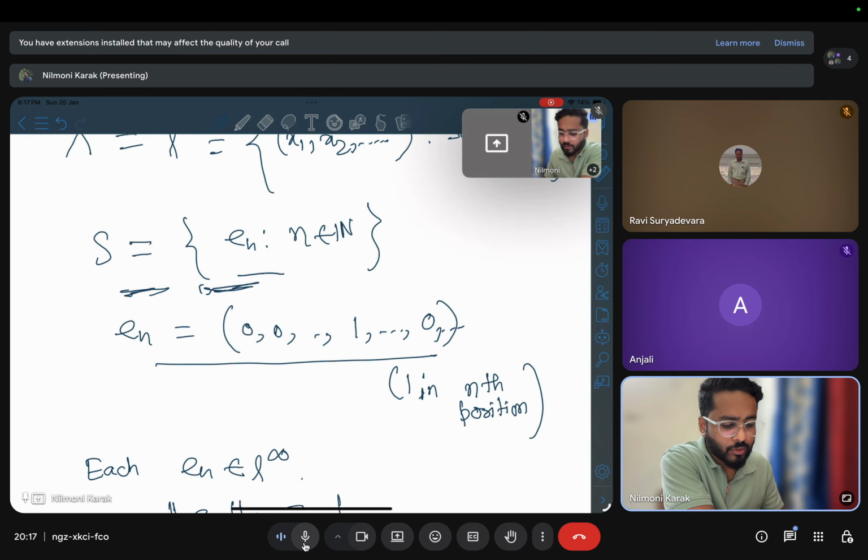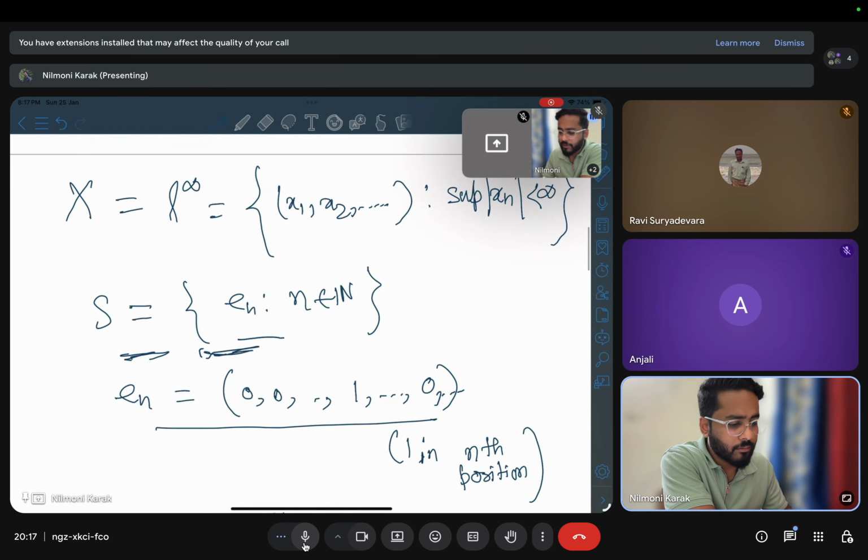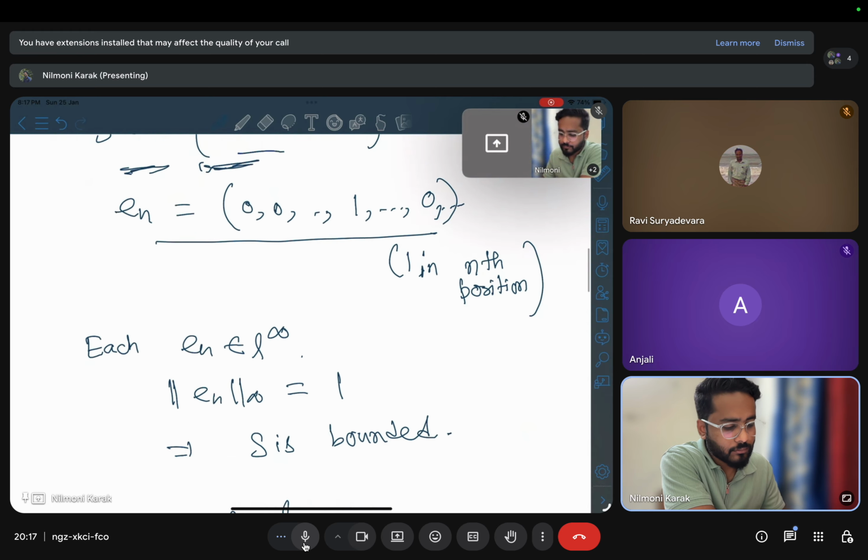You can see with this norm, this infinity norm, sup norm. Got it? So you check it. If you are not able to do it, I will solve it in the next class.